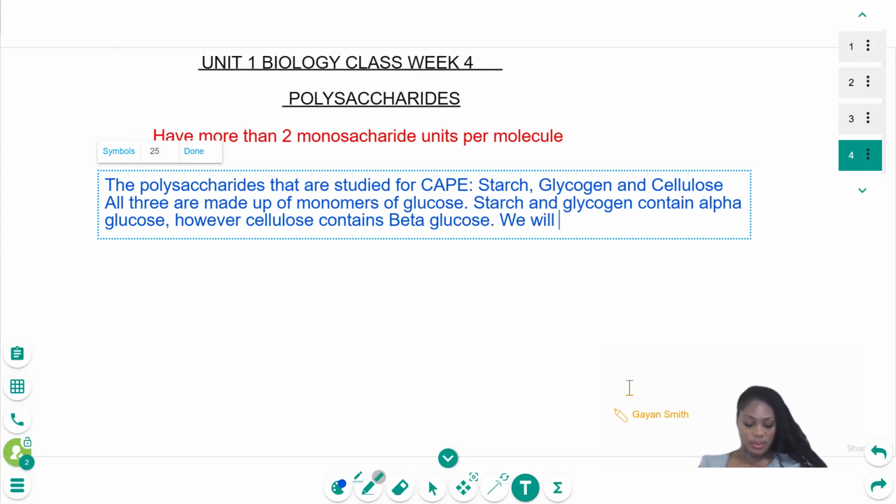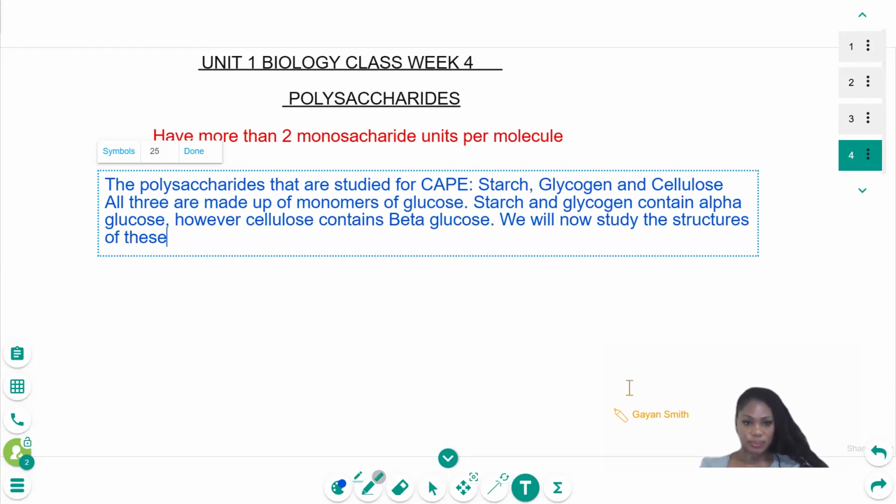So we will now study the structures of the polymers and see how their structures allow them to carry out their functions.